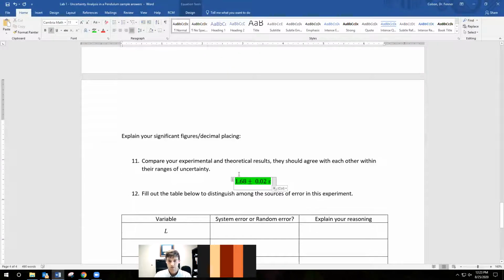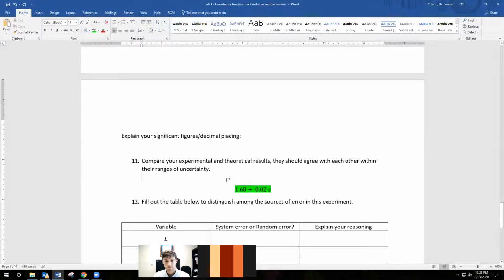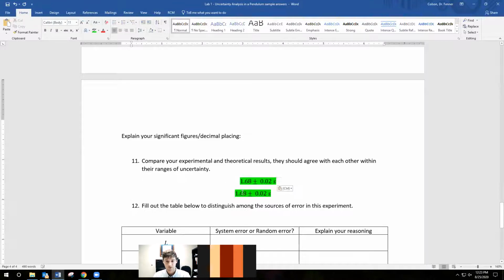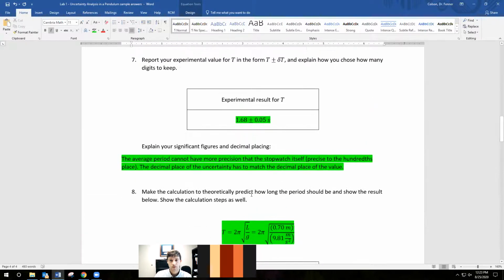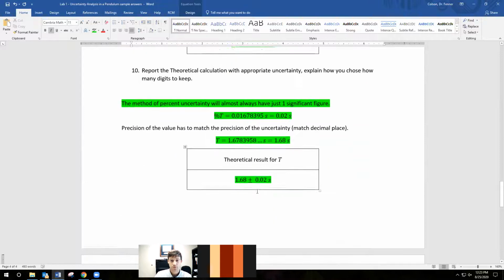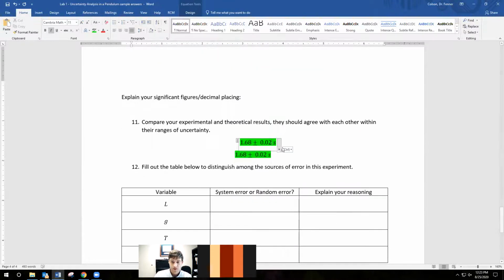We can even just compare them directly here. They match up pretty much right on top of each other, which is fine.